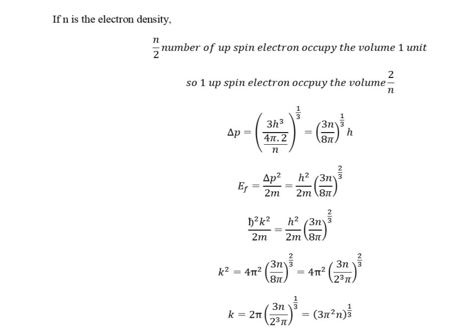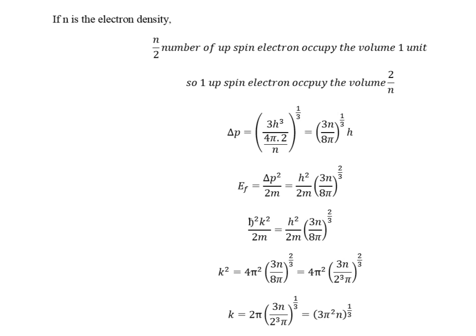Now let us think about the concept of electron density. If n is the electron density, it means n number of electrons occupy unit volume. But electrons are of two natures, that is spin up electrons and spin down electrons.